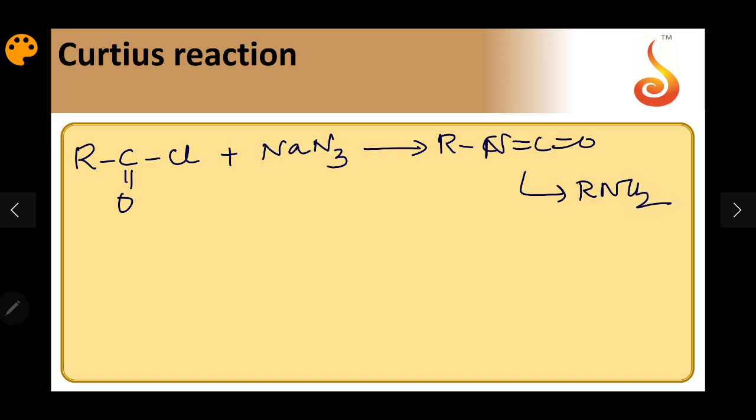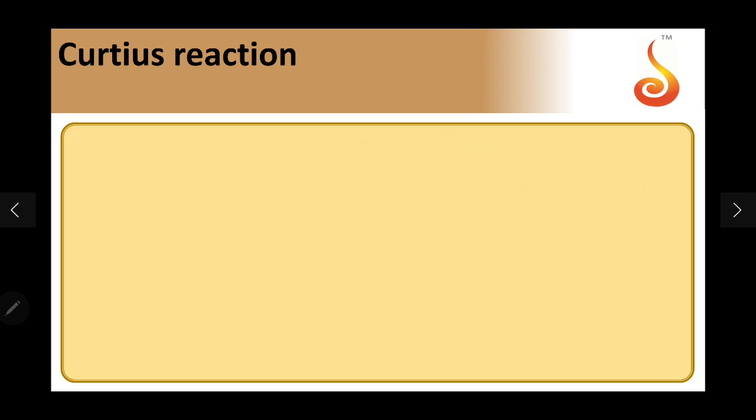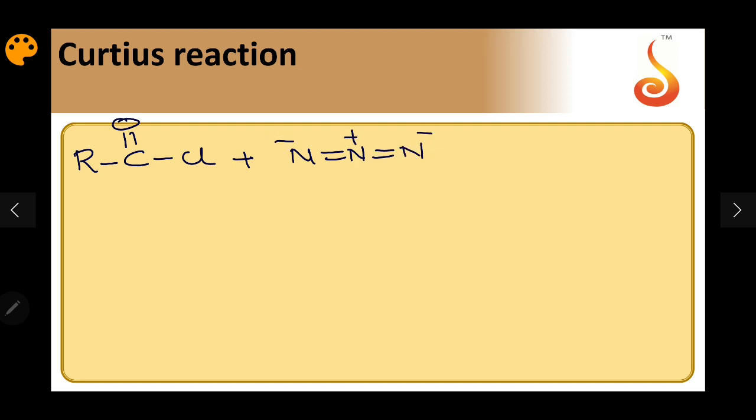So we'll see what the mechanism is. RC double bond O Cl, N3 minus, N double bond N double bond N, so plus minus minus. One of the minus charges will attack here, so Cl will go out. Acyl substitution takes place.